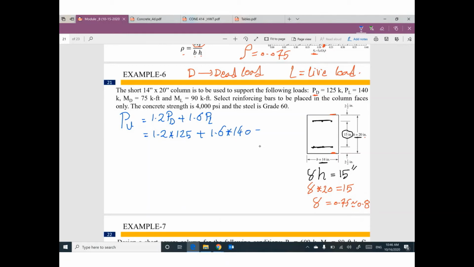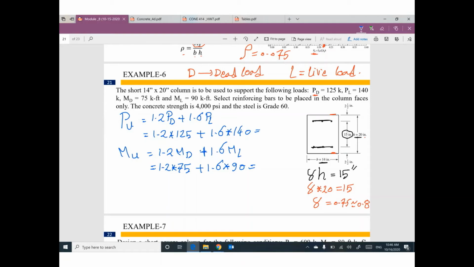For M ultimate, it will be 1.2 M dead plus 1.6 M live: 1.2 times 75 plus 1.6 times 90. And that makes sense.